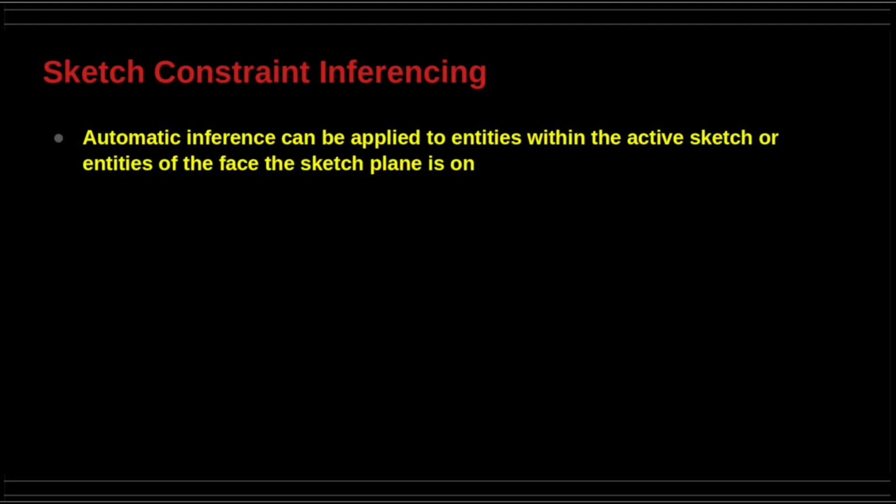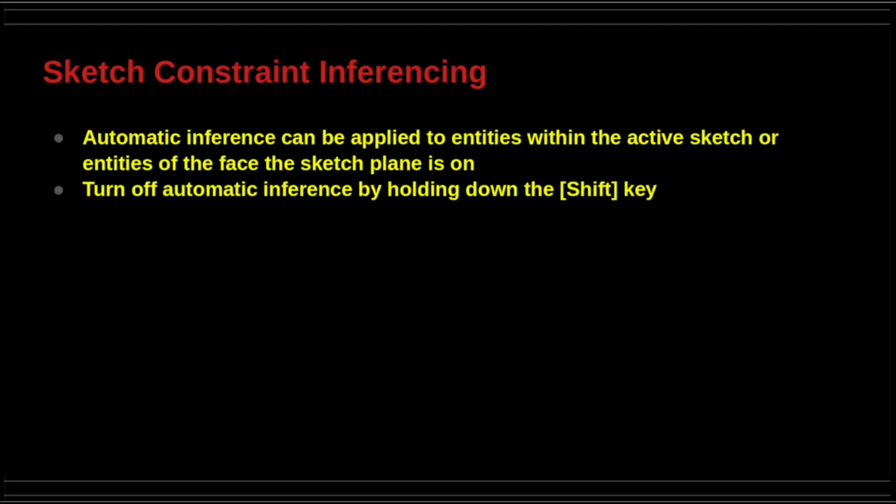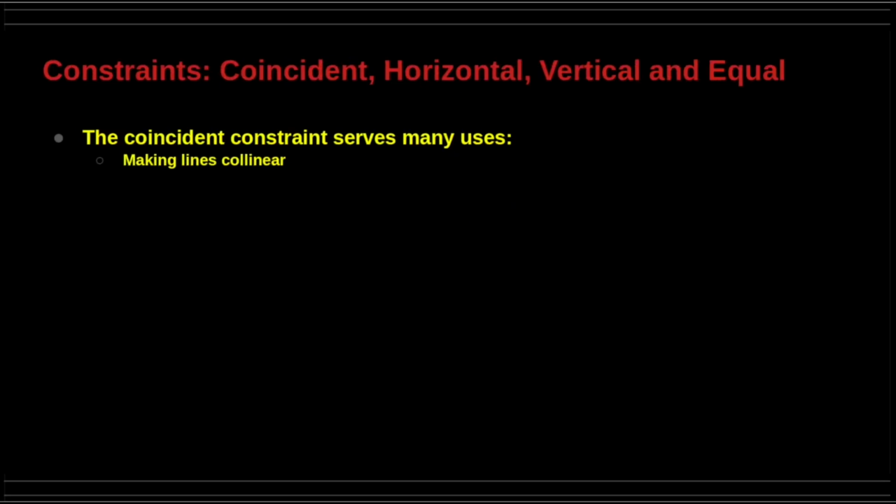Automatic inference can be applied to entities within the active sketch or entities of the face the sketch plane is on. Turn off automatic inference by holding down the Shift key. Hover over entities to wake up automatic inferencing. The coincident constraint serves many uses.